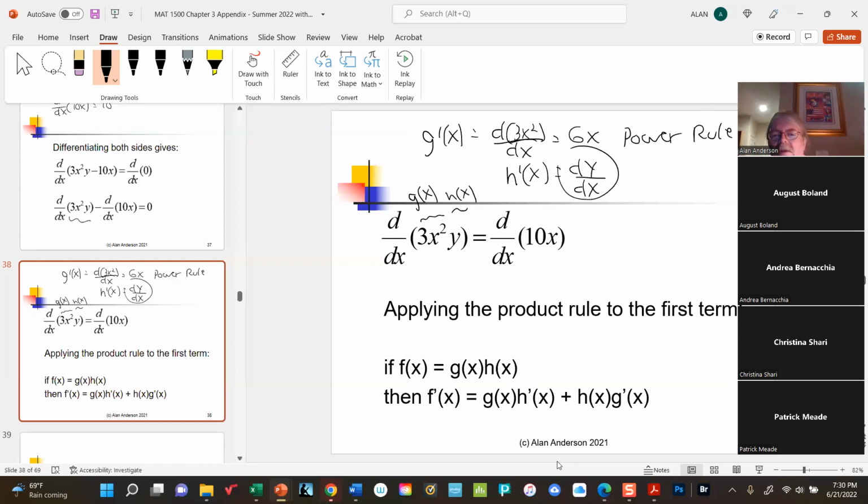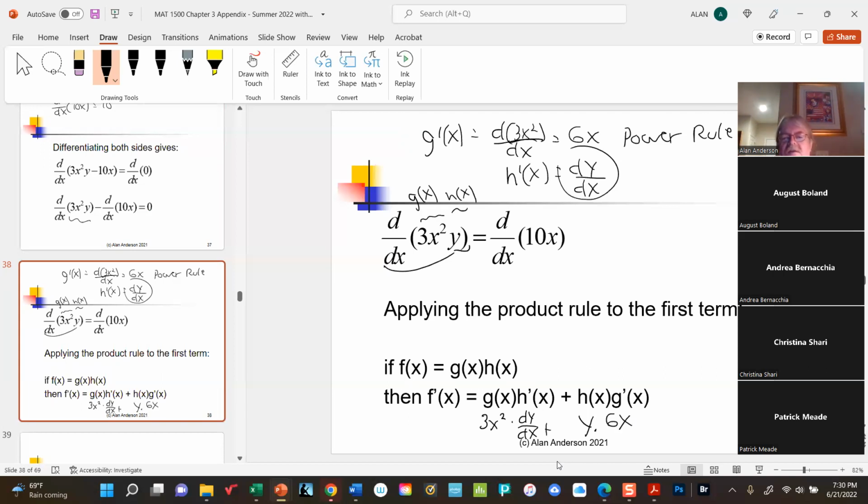You can't do anything else with it. So when we apply the product rule, we'll get 3x squared dy dx plus y times 6x. That will be this.